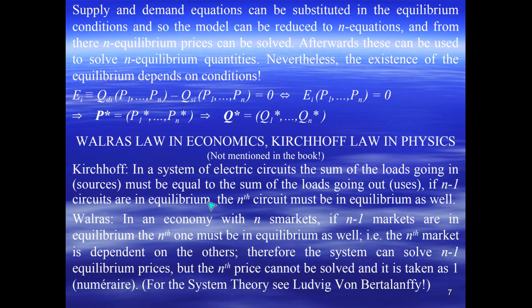This is the idea. If n-1, besides the last one, all the sub-circuits are in equilibrium, the nth circuit must be in equilibrium as well. If you have a surplus of energy in one circuit, you should have a deficit of energy in another circuit. Otherwise, you don't have equilibrium in the system.